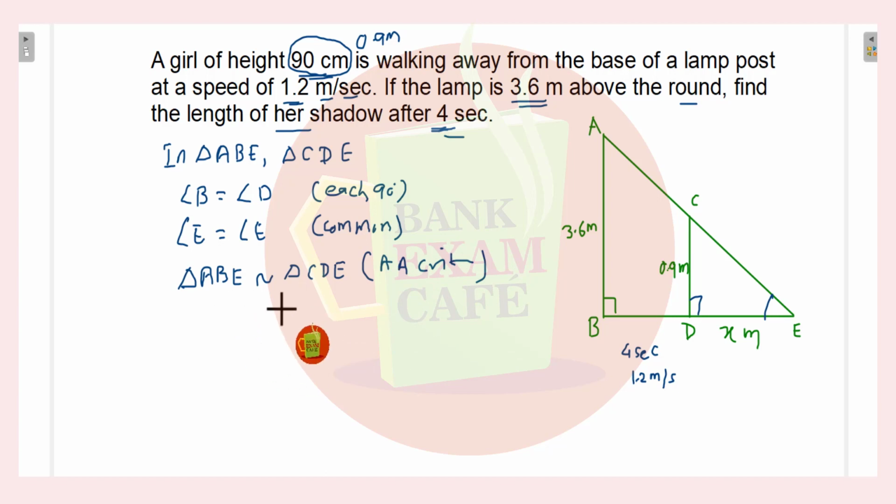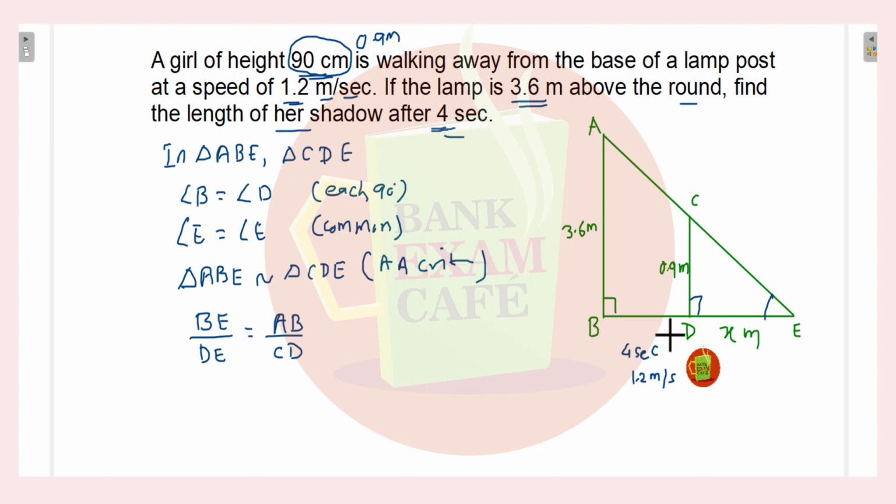And since these two triangles are similar, the ratio of their corresponding sides are also equal. Therefore BE, its corresponding side is DE. So BE upon DE is equal to AB, its corresponding side is CD. So AB upon CD. Now here BE upon DE, but BE can be written as BD plus DE.